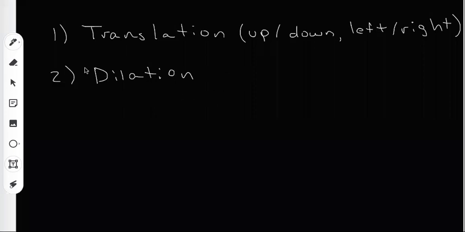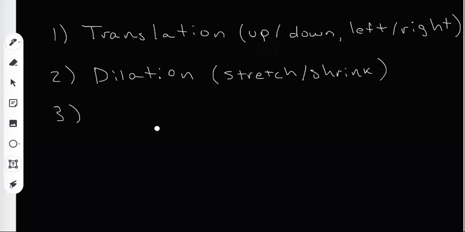So that's dilation. Now, with the dilation, like I said, it could either be a stretch or a shrink, depending on what number is in the transformation. So I'll leave it at that.